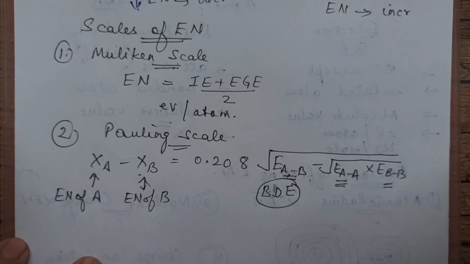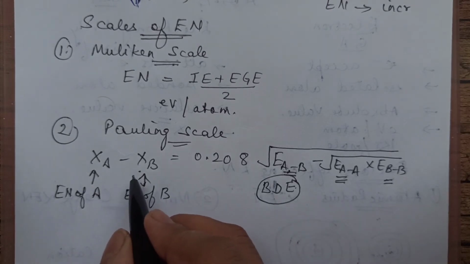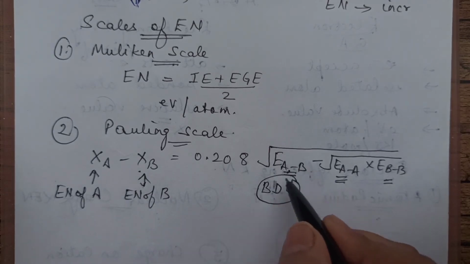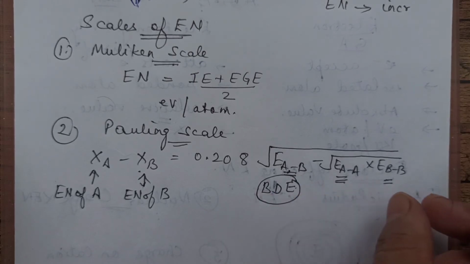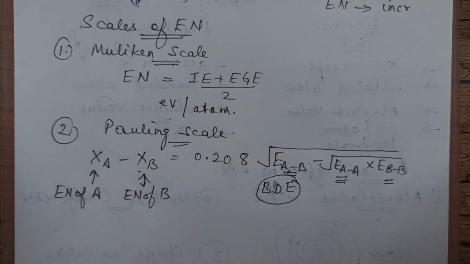Right? So if we know the bond dissociation enthalpies of AB, AA, BB and the electronegativity of one atom, the other one can be calculated.